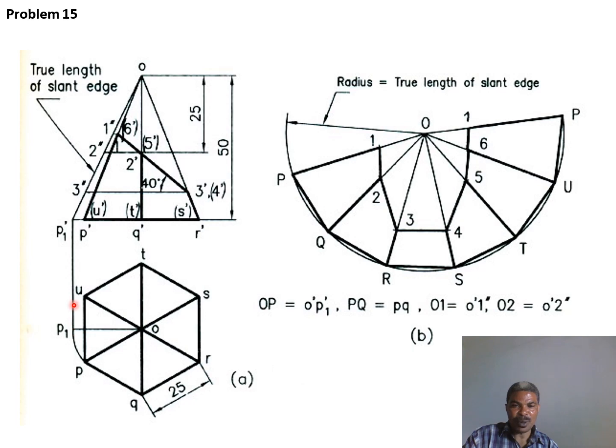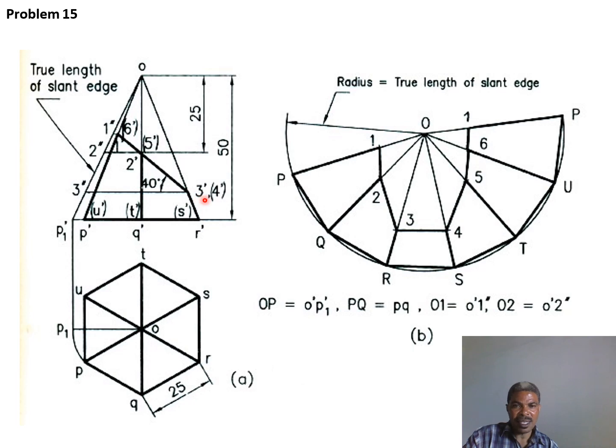The P1 is projected until it touches the horizontal line for the base, at P1 dash. So from P1 dash up to O, this line is the true length of a slant edge, to which all the lines from the truncation line have been projected.